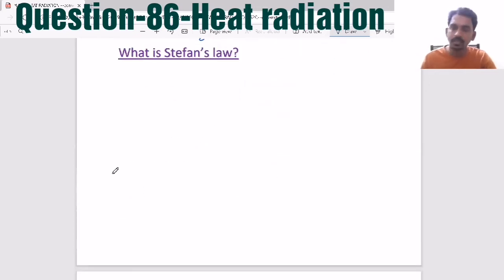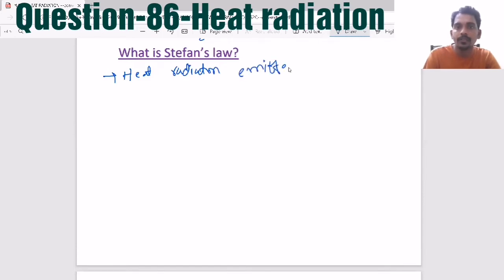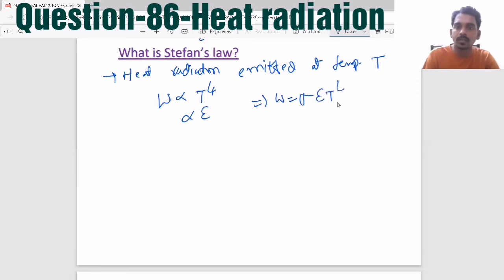Now, based on this, there is a law for heat radiation emitted at temperature capital T. The emissive power is directly proportional to T power 4, and directly proportional to sigma and epsilon. Here comes the constant sigma, equal to 5.67 into 10 power minus 8 watt per meter square per Kelvin power 4.